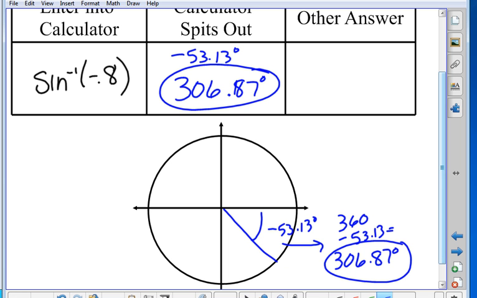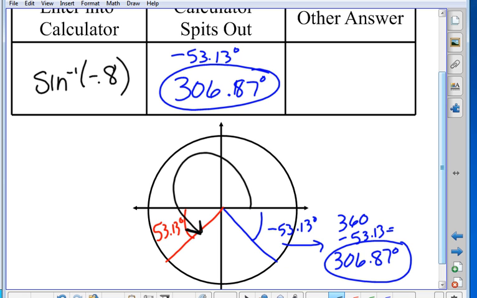All right, then the other spot, this is a sine angle, and so because it's sine, you will flip it over the y-axis, and when you flip that angle over the y-axis, you'll end up over here. This also, again, is 53.13 degrees right here because it's symmetric. But you need that spot measured from 0, so I need this distance right here, all the way around the unit circle.